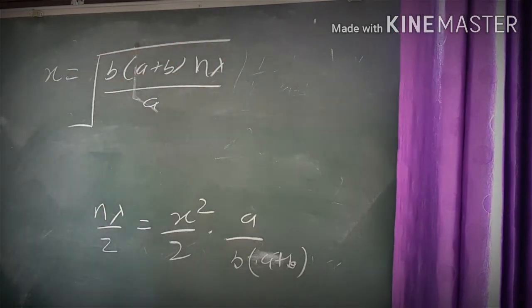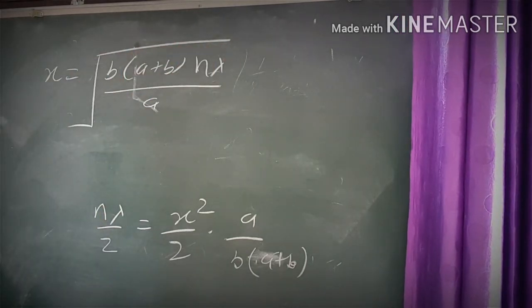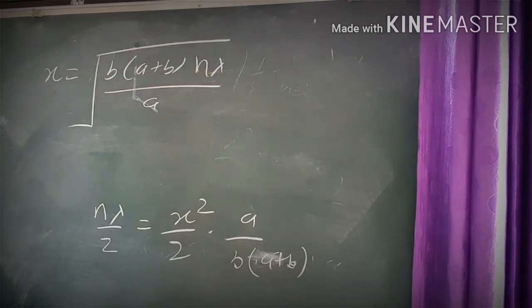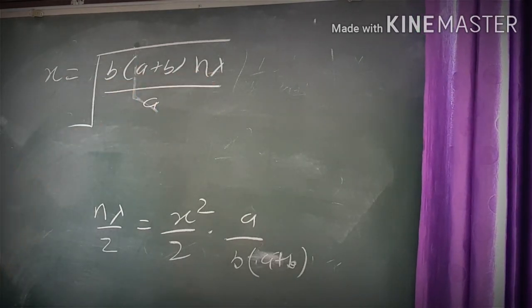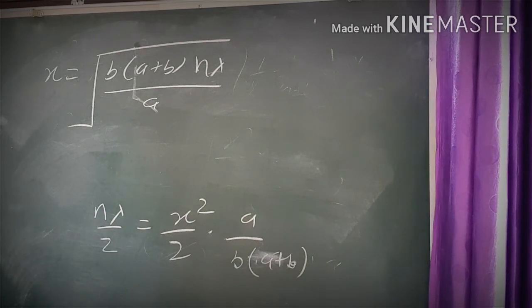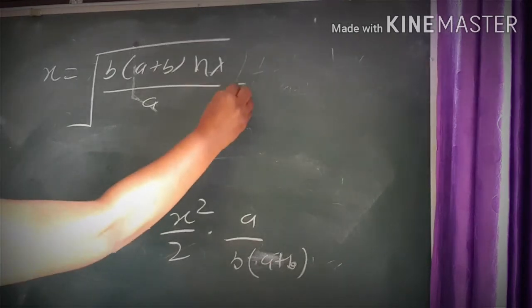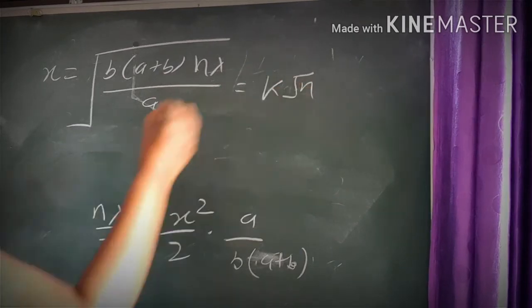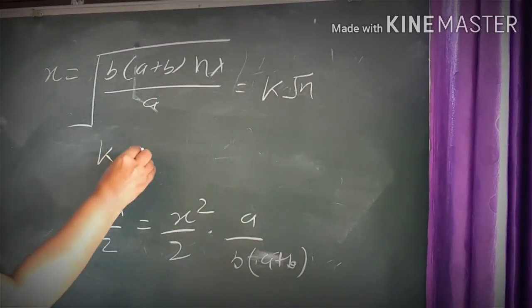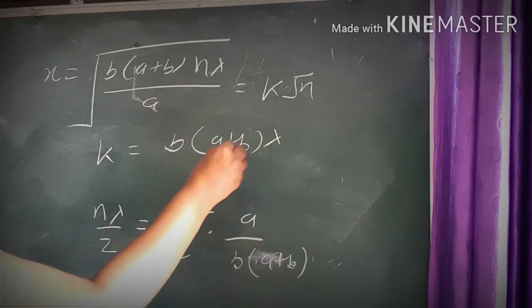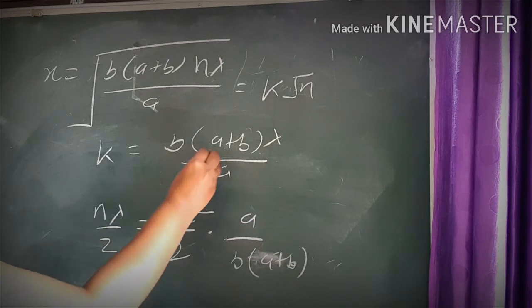This is the value of x. a and b and also lambda are constant values, so we can put this as another constant, let us say k. We have k square root of n, where k is equal to the square root of b into a plus b into lambda by a.